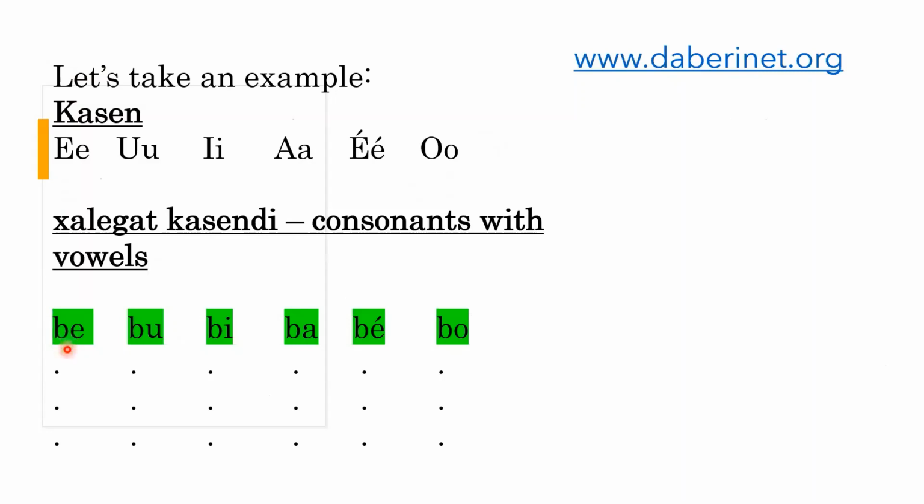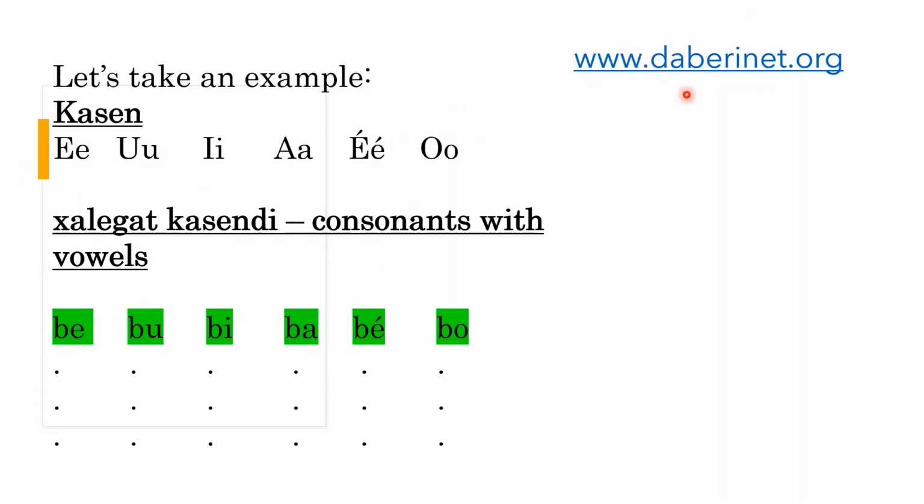This will sound like be, bu, bi, ba, bu, bo. You remember how our vowels sound? This is almost an amalgamation of that. This is be, this is bu, this is bi, this is ba, bu, bo. That's how we make the 160 plus alphabets that we use.